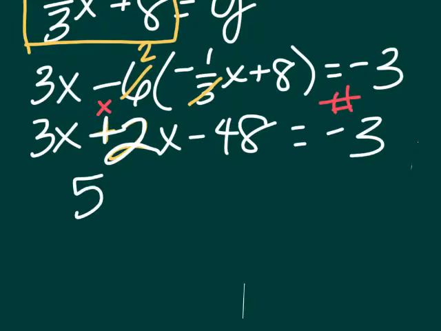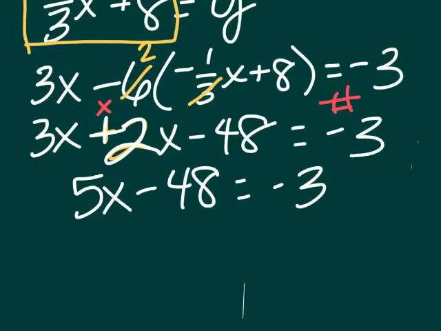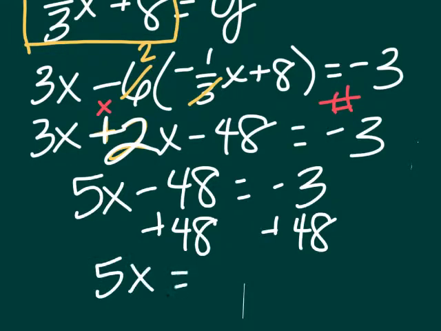5x, good. Minus 48 equals negative 3. What do I do with that 48? That negative 48 is going to move to the other side or stay where it is? Add, good. This is going to end up being an ugly number, but that's okay. So we get 5x equals what?